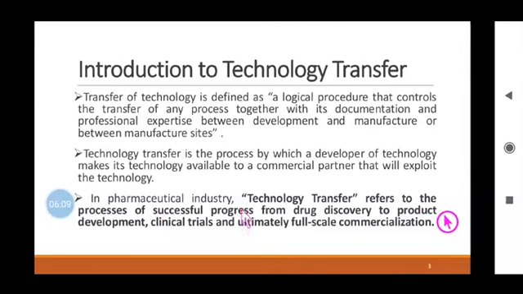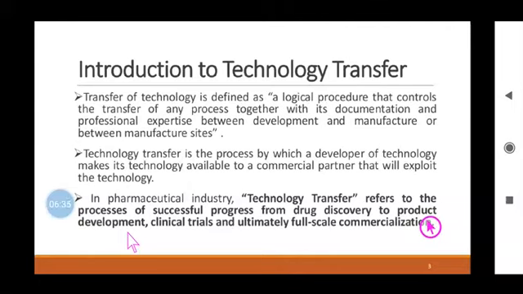See, in the pharmaceutical industry, technology transfer refers to the process of successful progress from drug discovery to product development, then clinical trials, and ultimately full-scale commercialization. In pharmaceutical industry, the process of new technology starts with the drug discovery. The drug discovery is followed by the product development.